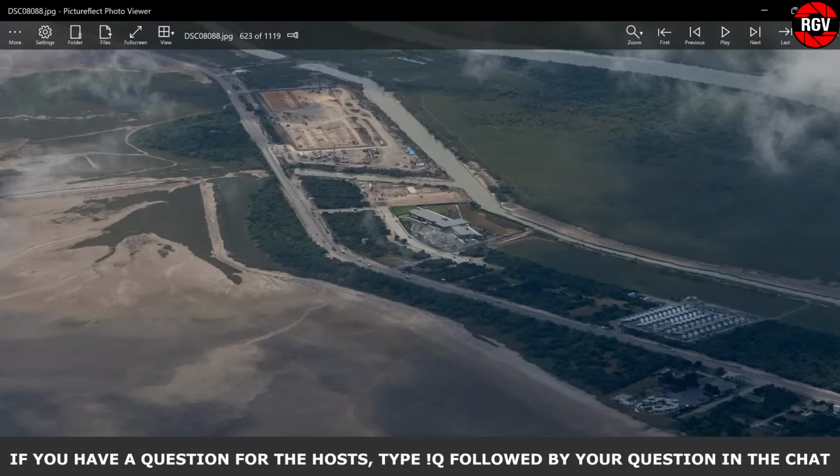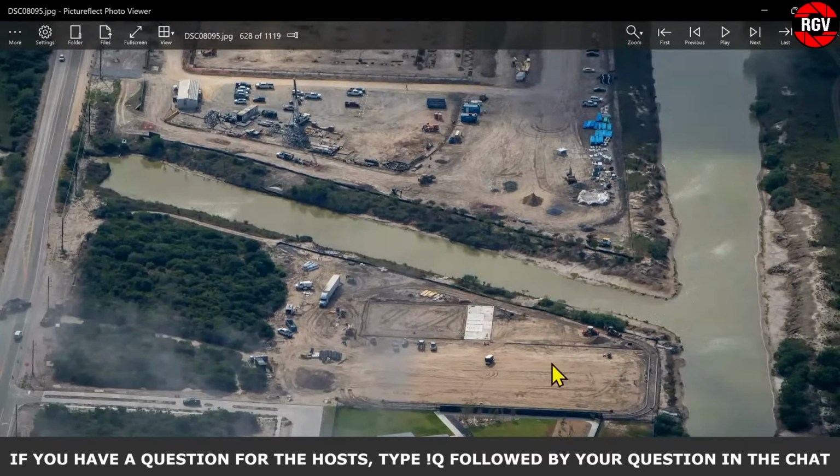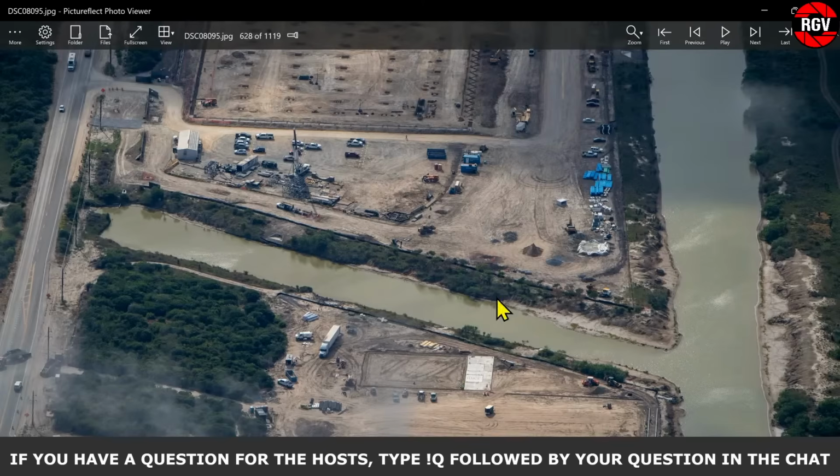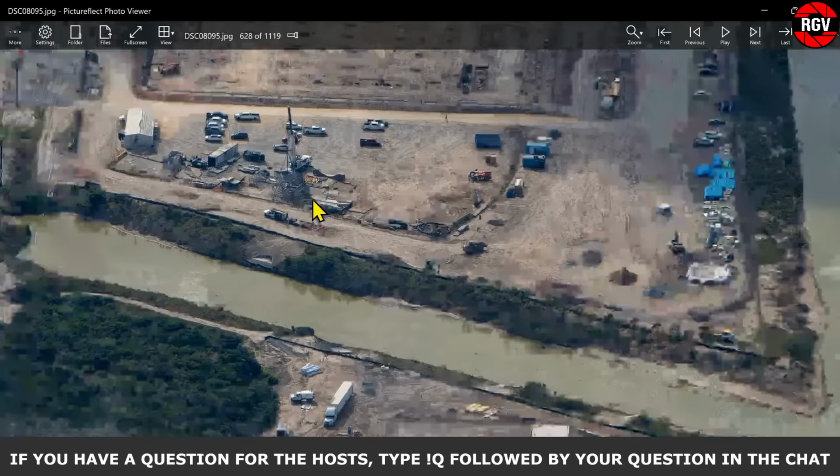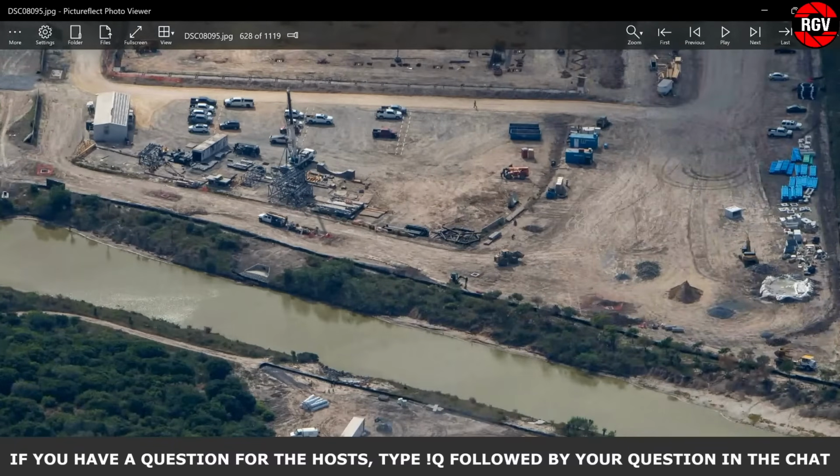While we're here, this is the old storage lot. As everybody's seen, most of these parts, if not all of them, are now on the crane.